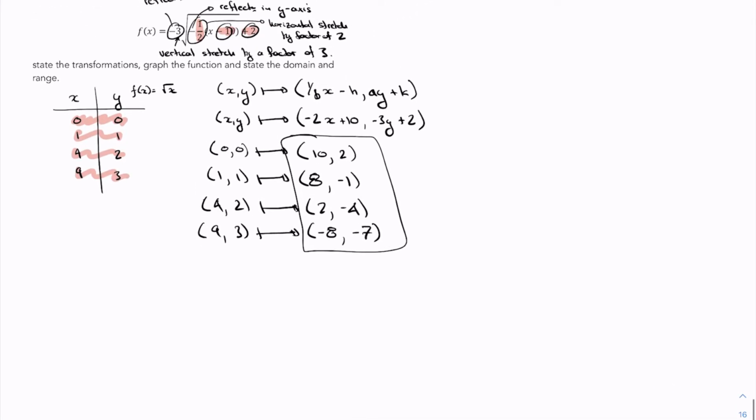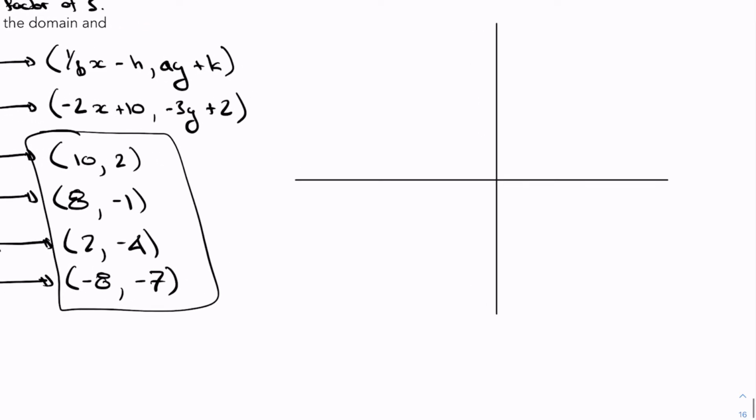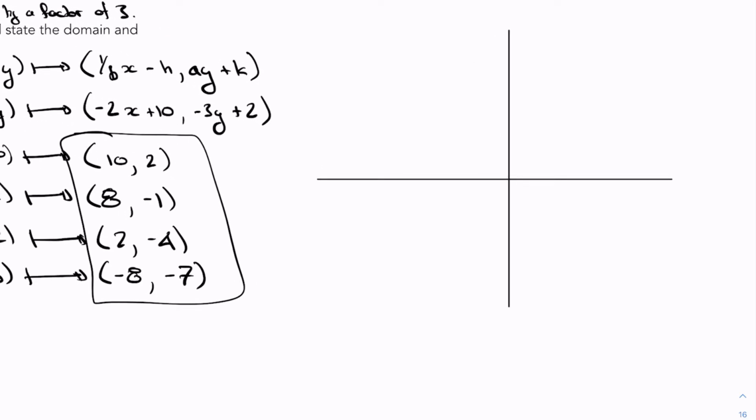I'm going to draw a set of axes here. There is my y, there is my x, and I'm just going to do some rough numbering: that's 5, that's 10, negative 5, negative 10, and up and down to 5 and 10 and negative 5 and negative 10.